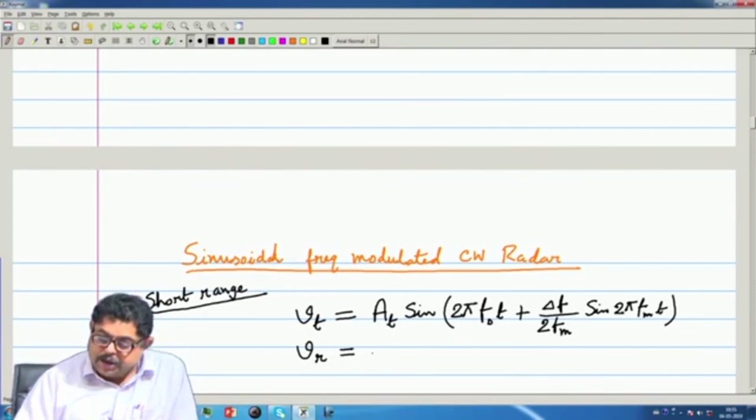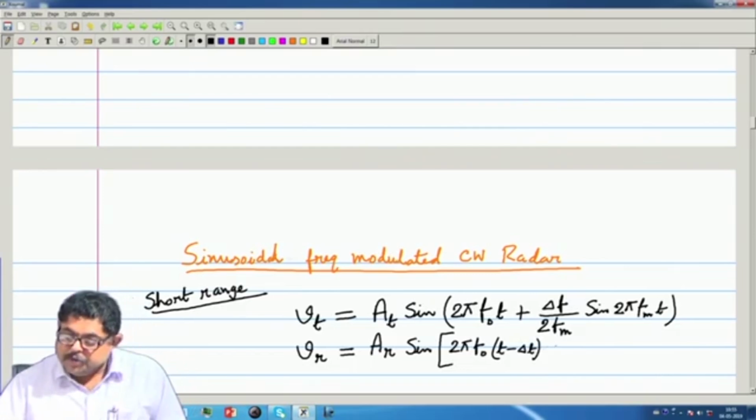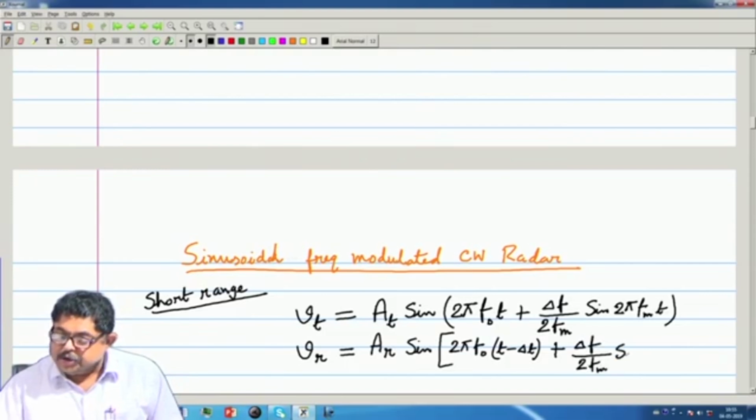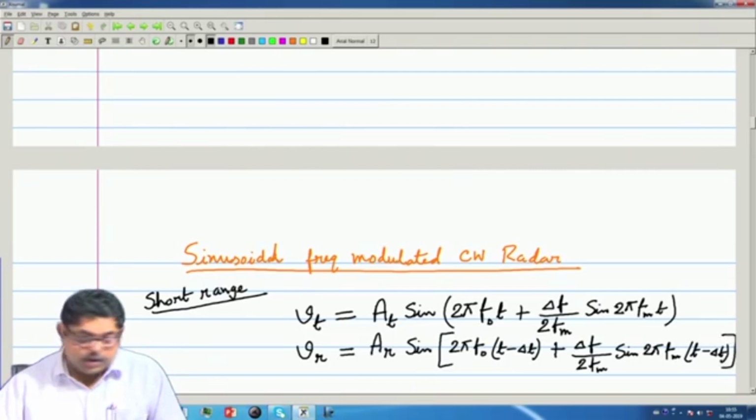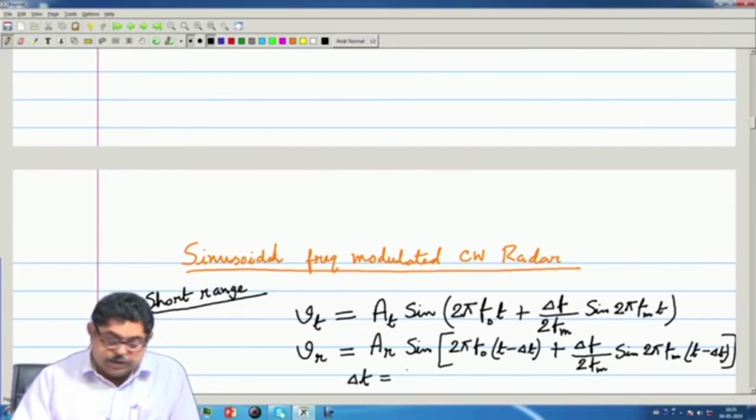The amplitude I am writing as A_R, then sine of 2 pi f naught (t minus delta t) plus delta f by 2 f_m, sine 2 pi f_m (t minus delta t). Delta t is the transit time, and lest we forget, delta t is nothing but 2r by c.